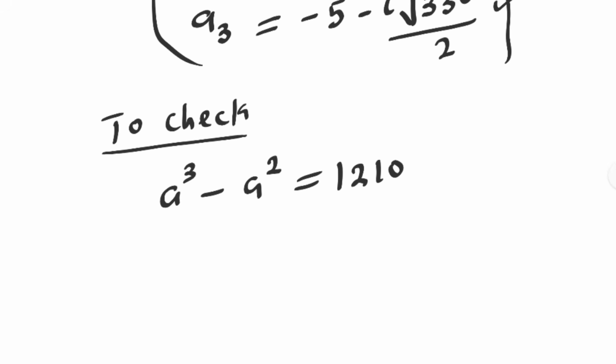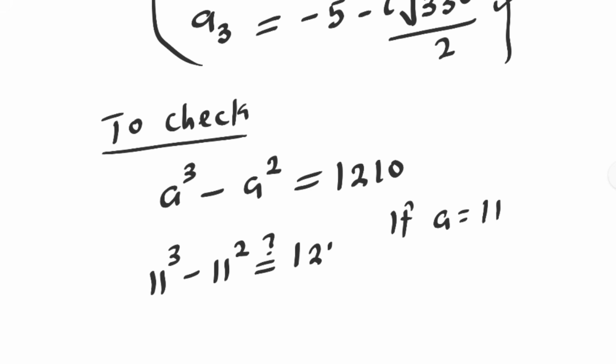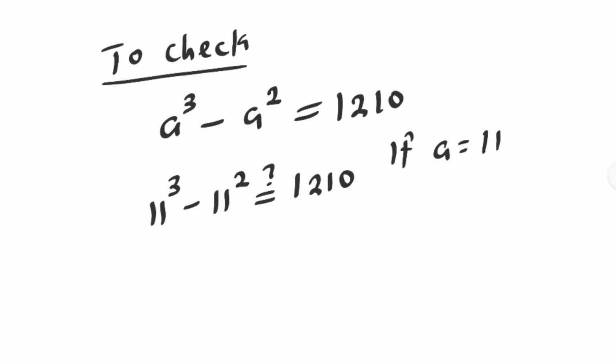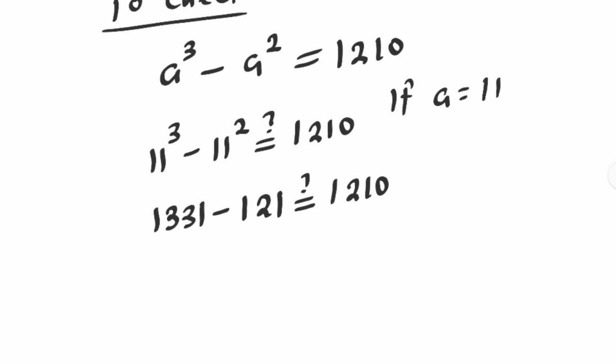So this is if a is equal to 11. 11 raised to power 3 minus 11 square must be equal to 1210. 11 raised to power 3, this is 1331 minus 11 square 121 must be equal to 1210. Then 1331 minus 121, this is 1210 is equal to 1210, which is true.